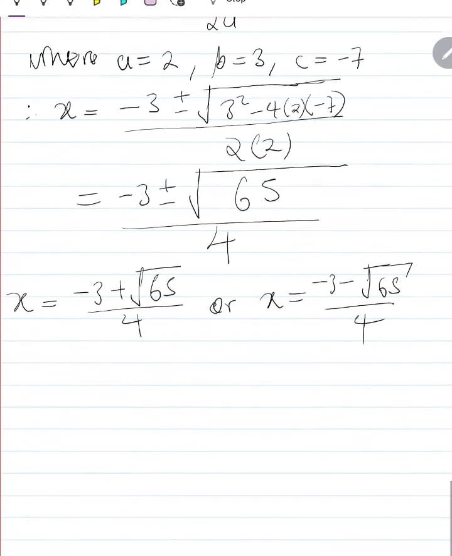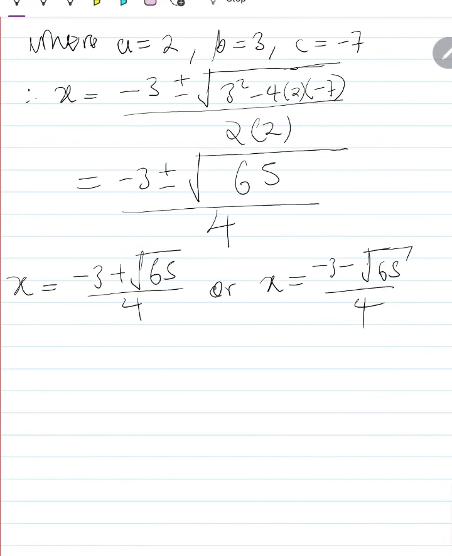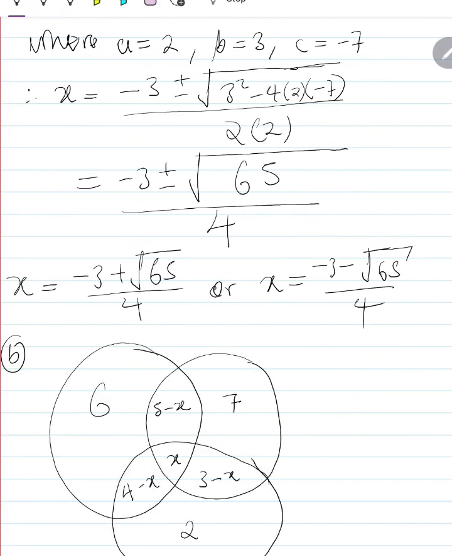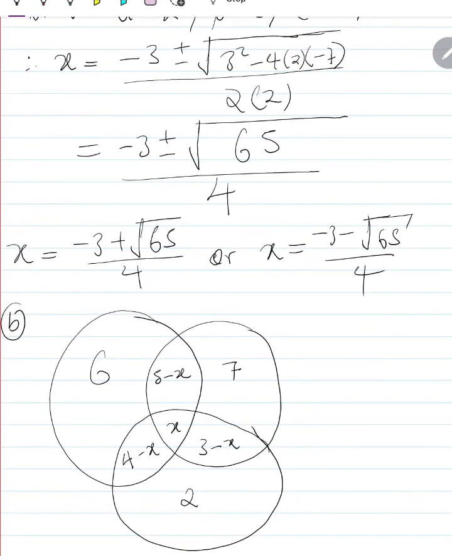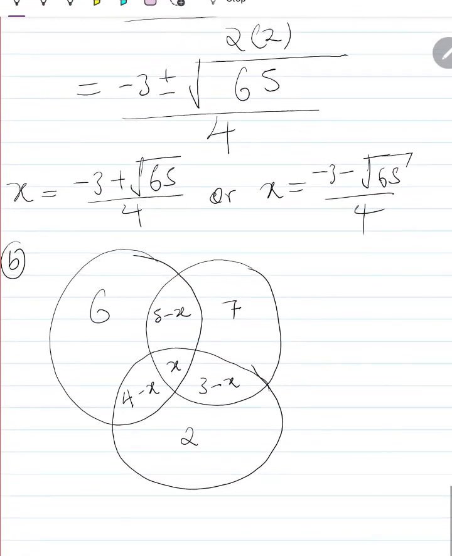All right, let us look at b quickly. So b, in the middle is x. Okay, so what do we need here? Okay, so given that there were 25 students altogether, find the value of x, 2 marks.